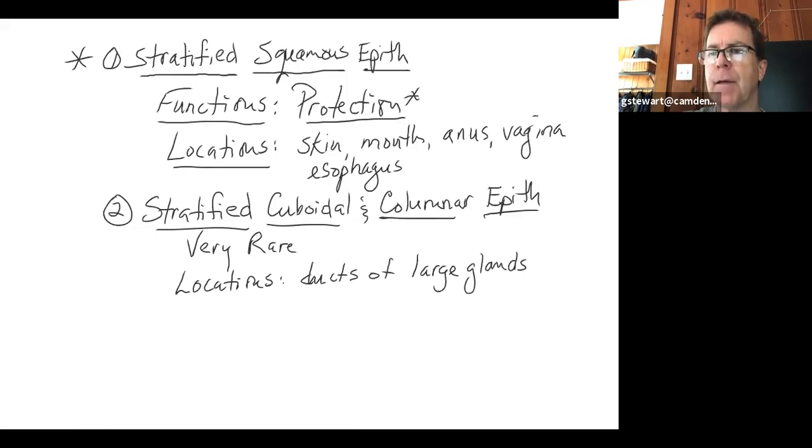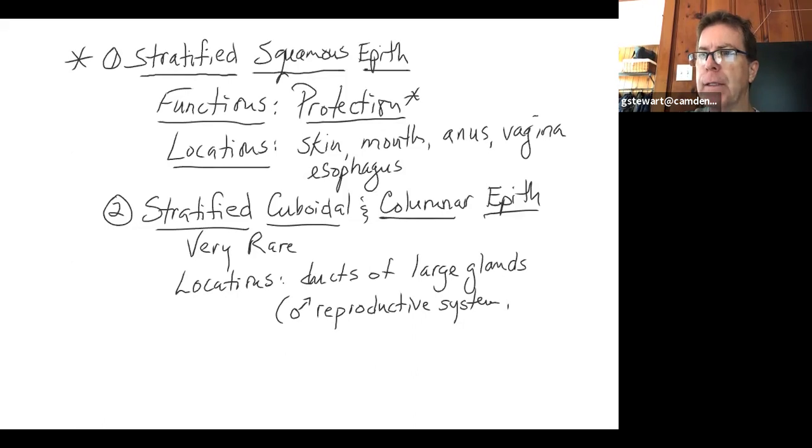And in parentheses, I'm just going to write the male reproductive system, which you will learn all of those structures, the glands, when you take A&P2. We also find these in mammary glands.